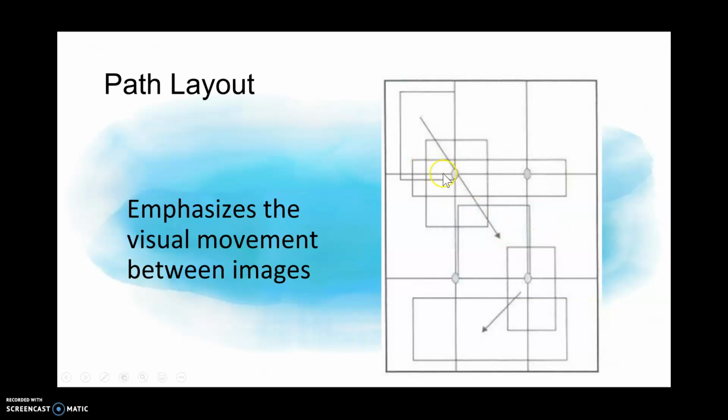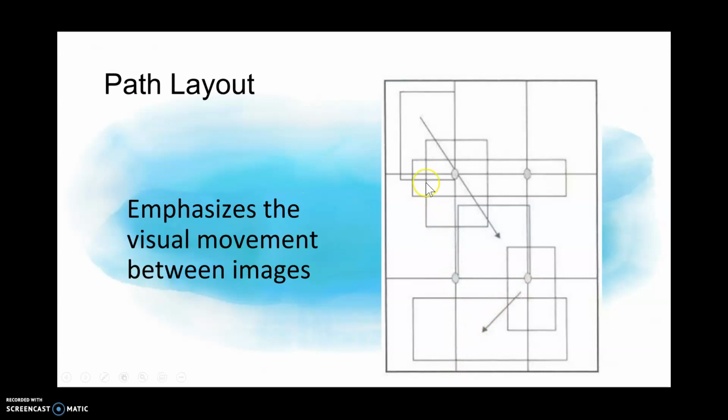So imagine here, our focal point could be in many different places, but they will always lie over our cross points, or our little circles right here where the lines cross. For this layout, this person decided they wanted the audience's eye to move from the top left to this focal point, to that focal point, and then back down in the opposite direction towards the bottom of the page.